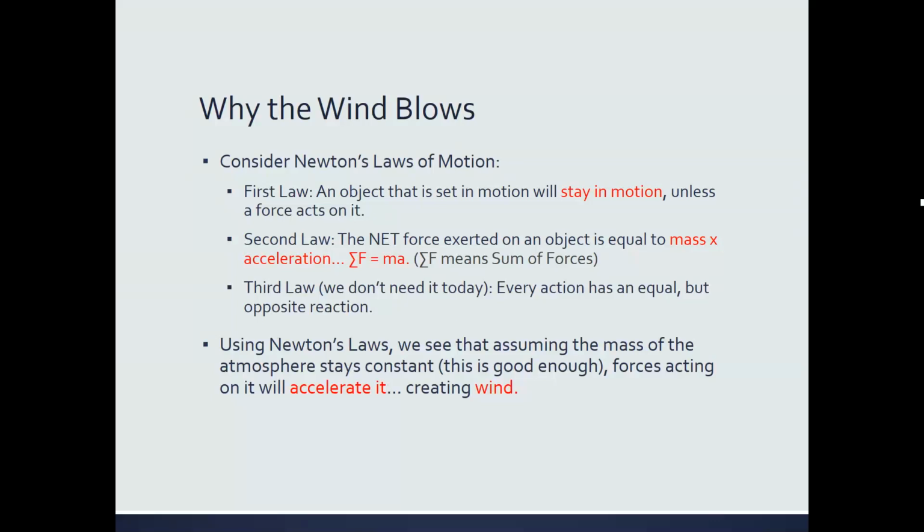And when I say acceleration, I'm actually talking about one of three things. These three things are either forward acceleration, reverse acceleration, or what's called deceleration, and then changes in direction. So forces that act on the wind will either speed the wind up, slow the wind down, or change the wind's direction.